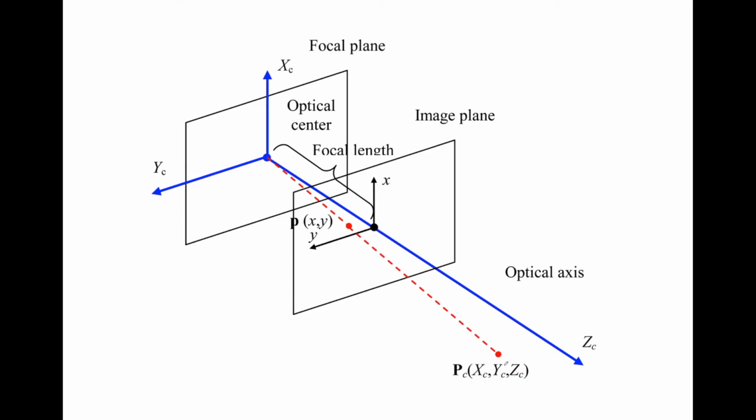And so we have some object in the world, and there's a point off of which light reflects, and it comes back into the camera device, and it strikes the image plane. And where it strikes the image plane is that point that is captured ultimately by the sensor and the digitizer as your image.